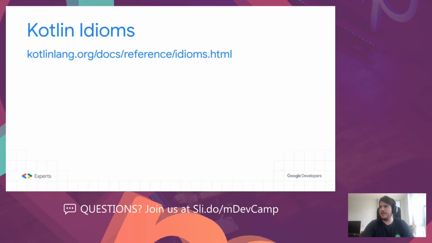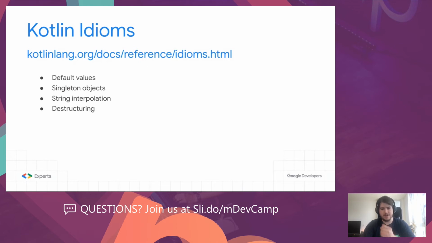As I mentioned, the documentation is at the Kotlin Lang website, and you can check out all the idioms there. Other things like default values and parameters, singleton objects, string interpolation. This is one of the most lauded features I've heard of from Java developers, being able to include variables and simple expressions in your strings to interpolate them. You can make use of destructuring syntax.